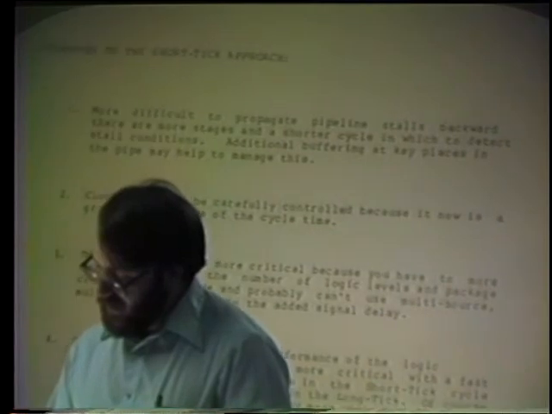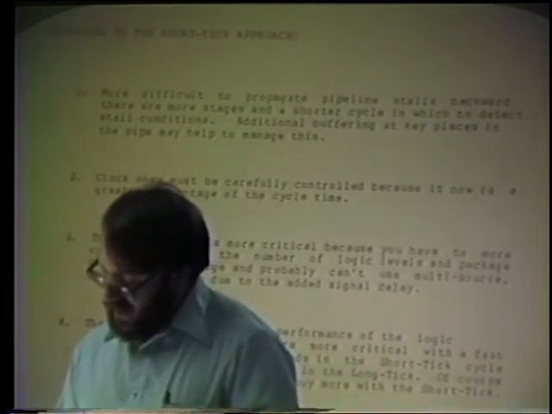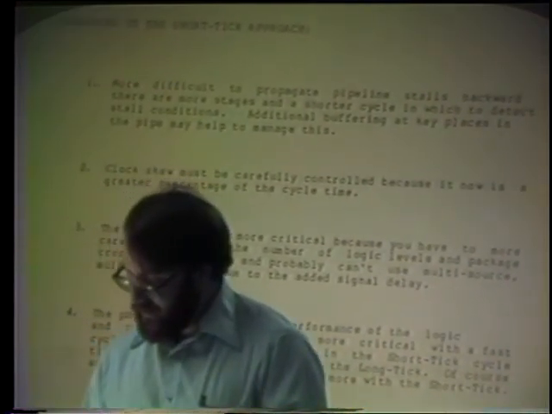So in fact, undoubtedly, taking the short tick approach from that standpoint, it's a higher risk proposition unless you have very tight control over the packaging, partitioning, and technology performance. So that's among our drawbacks: the physical design and performance of the logic packaging.